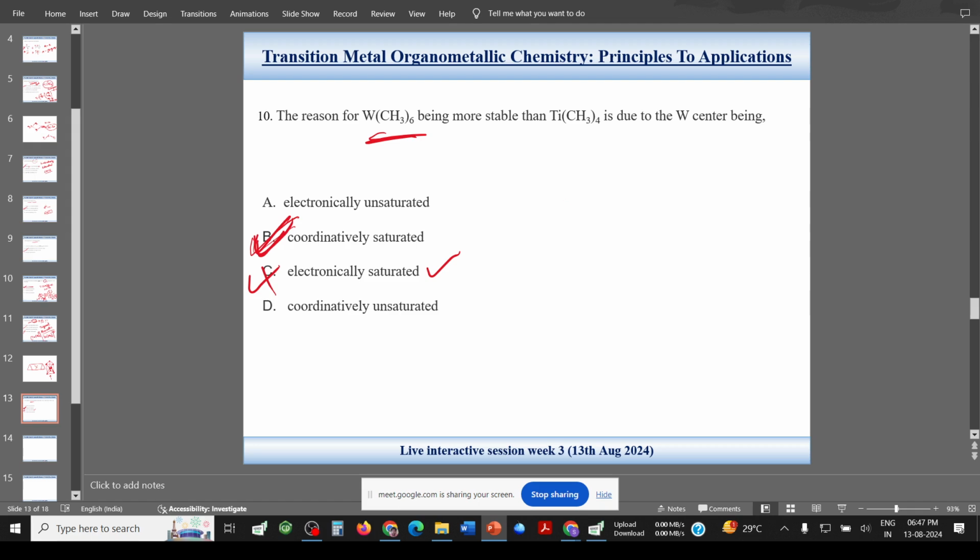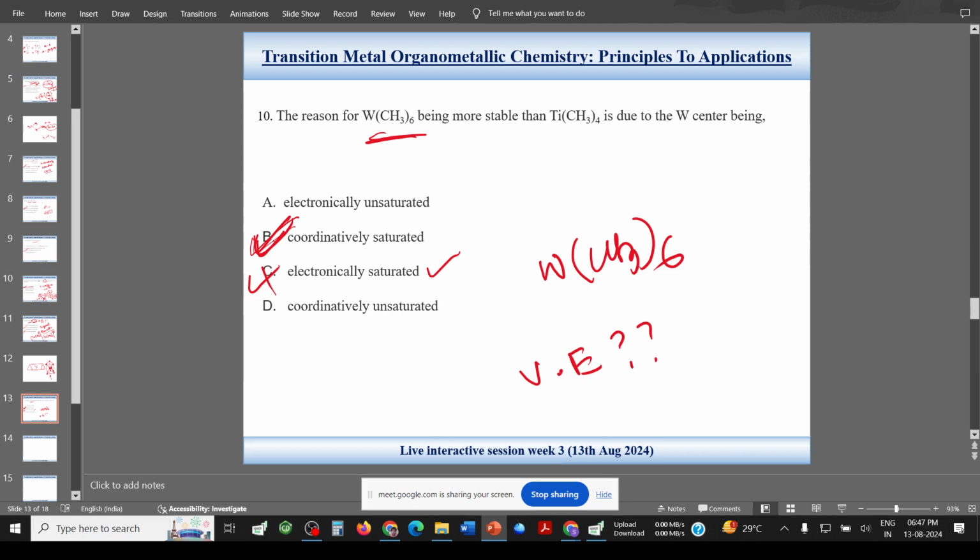But I have discussed many complexes with the valence electron count. Just count the valence electrons of W(CH3)6. What will be the valence electron count for this complex?